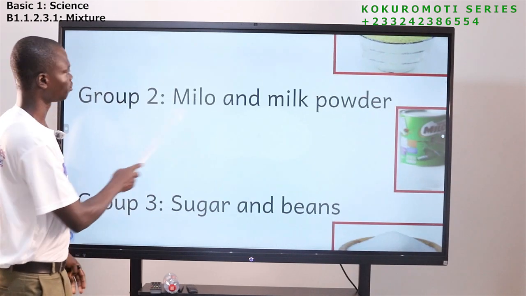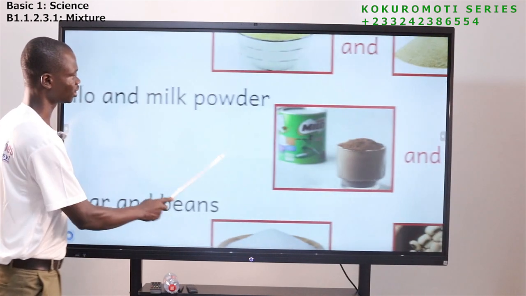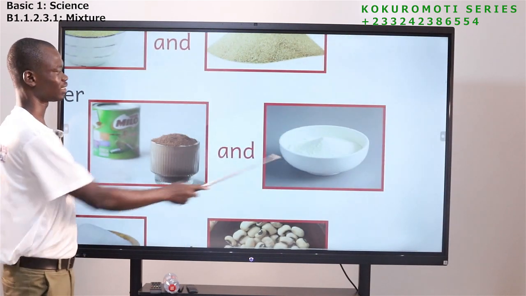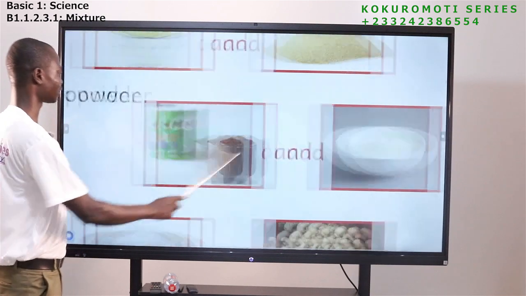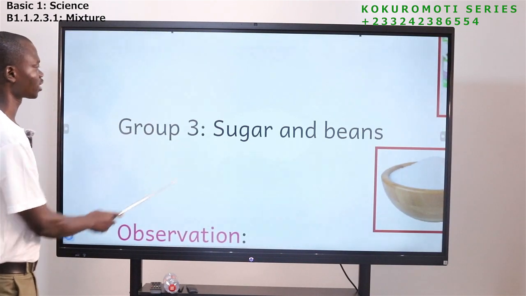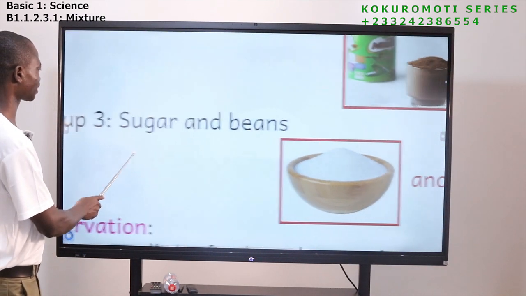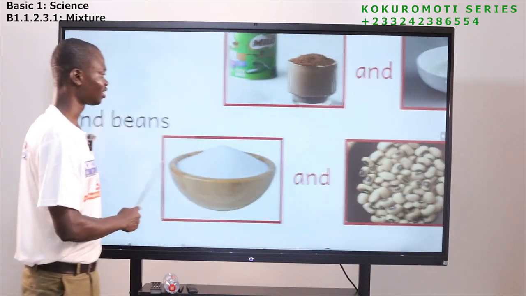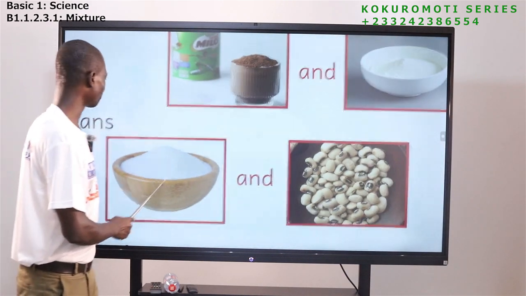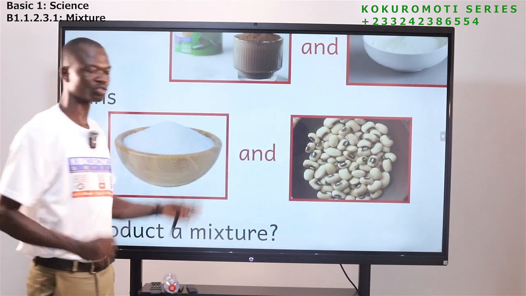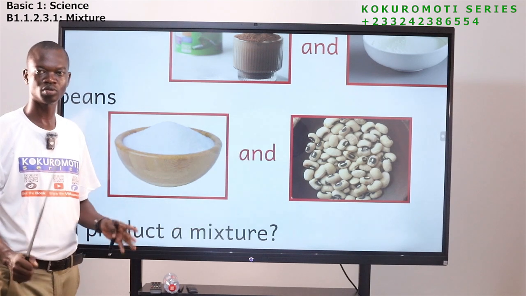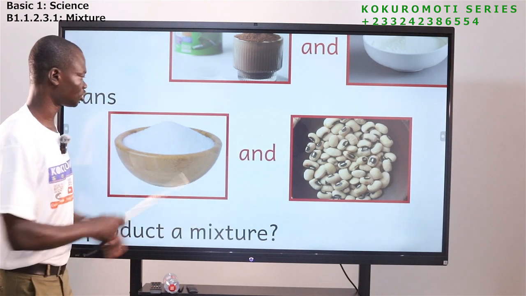Milk powder. Milo and milk powder. So this is Milo and then this is milk powder. They are going to mix it. Then Group 3, we are also going to mix sugar and what? Beans. So we have sugar here, we have beans here. So 3 groups. Each group is going to do this activity.